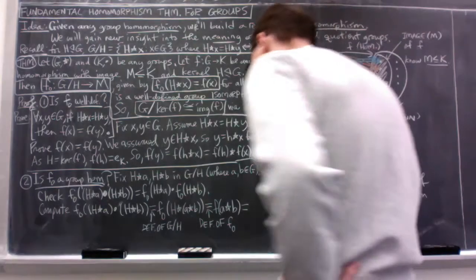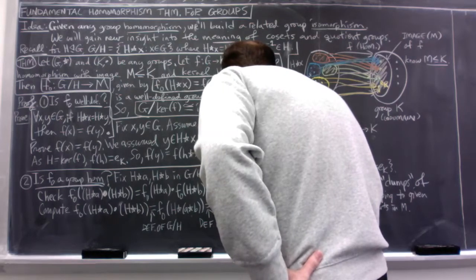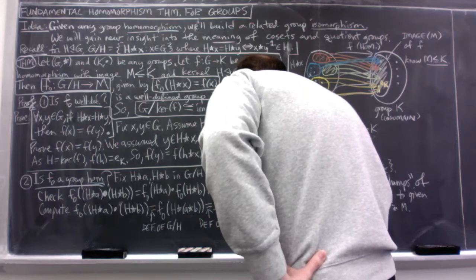And f is a homomorphism. We know that already. F as opposed to f naught. So I get f of a star f of b.